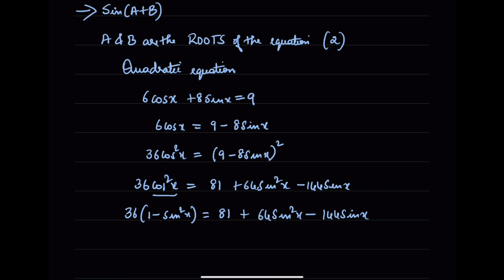So let's simplify this equation. We would have 36 minus 36 sine square x is equal to 81 plus 64 sine square x minus 144 sine x.